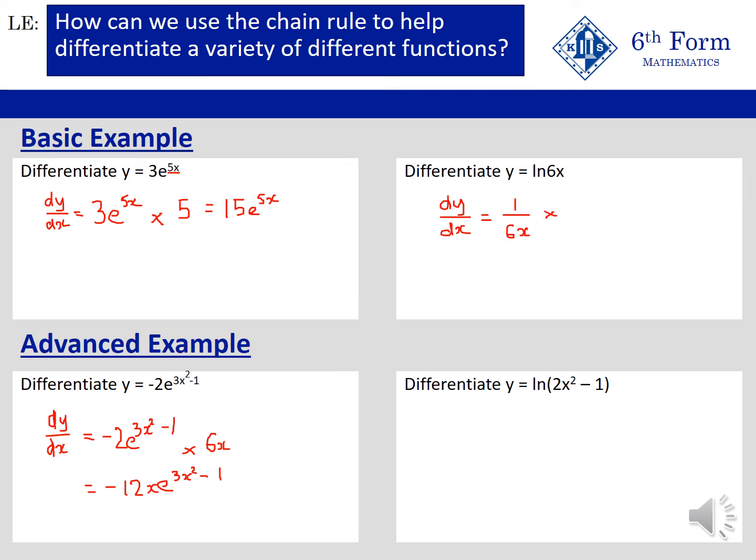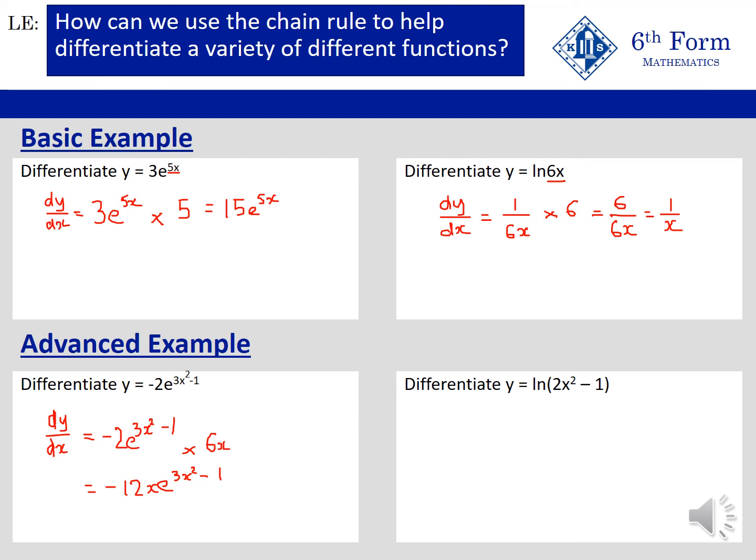To take our chain rule into account, we multiply by the derivative of the 6x, which is 6, which actually gives us a slightly unusual result, which gives us 6 over 6x, which just gives us 1 over x. Okay, this is actually an interesting result. If we actually differentiate natural log of any multiple of x, it would always simplify back down just to 1 over x.